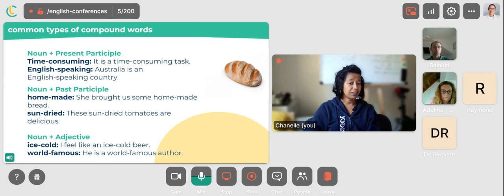We can also find a noun plus a present participle. For example, time-consuming. It is a time-consuming task. English-speaking. Australia is an English-speaking country.